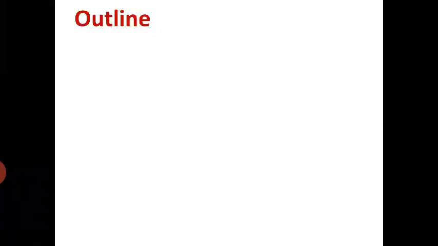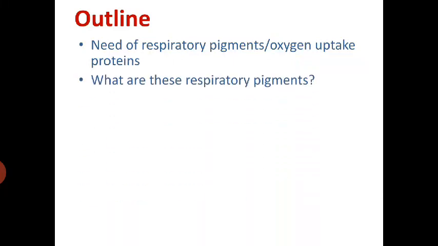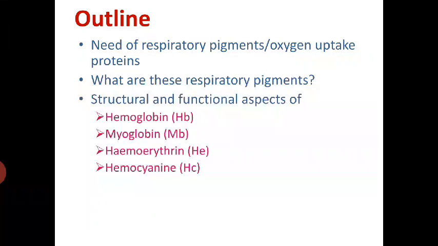Here we have the overview of today's presentation. First, we will discuss the need of respiratory pigments or oxygen uptake proteins in various biological systems. Then we will discuss the definition of respiratory pigments, then structural and functional aspects of various respiratory pigments, namely hemoglobin, myoglobin, heme and hemocyanin.